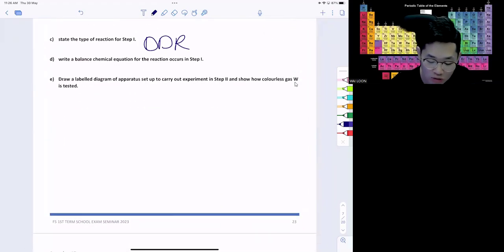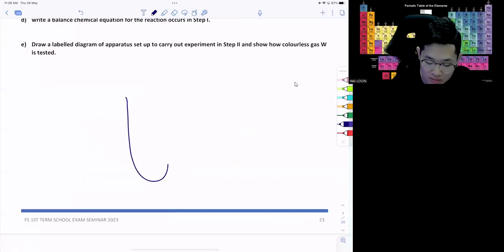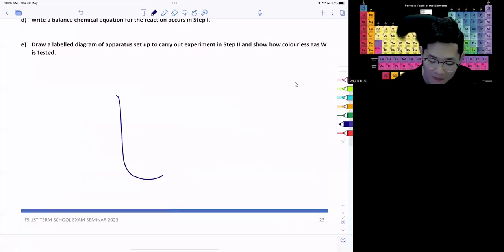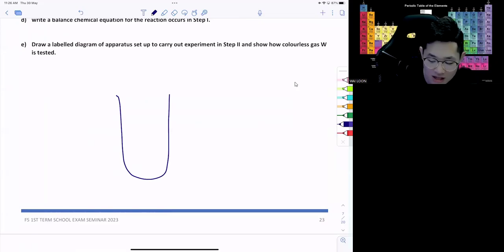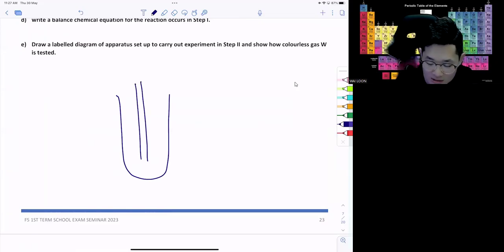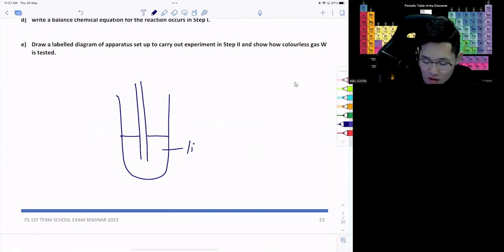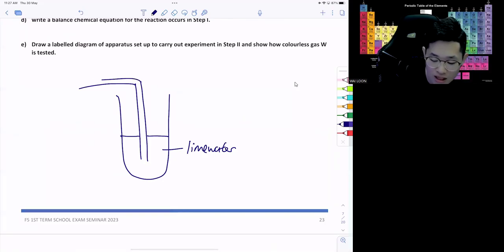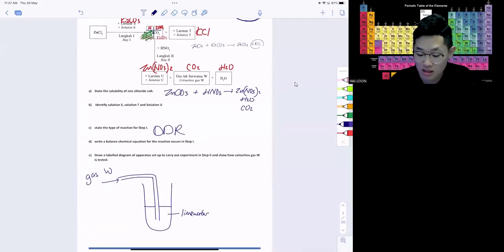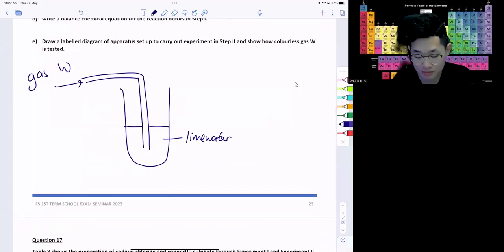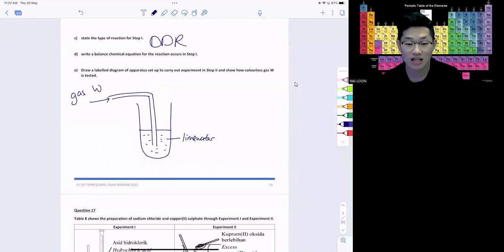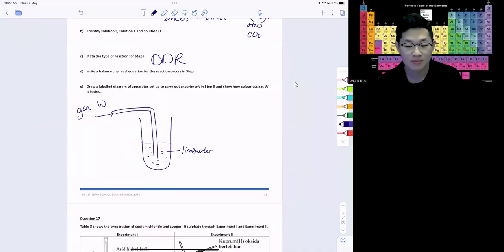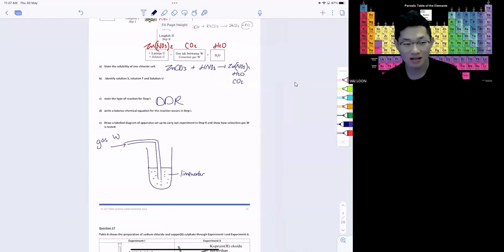So you have to know how to draw a test tube that contains lime water, and usually we draw it like that. Okay, so this is the gas W. So you bubble the gas W into a test tube containing lime water. That's how you test it. Done, the whole thing.